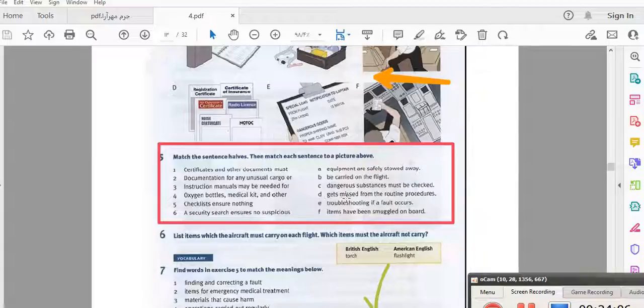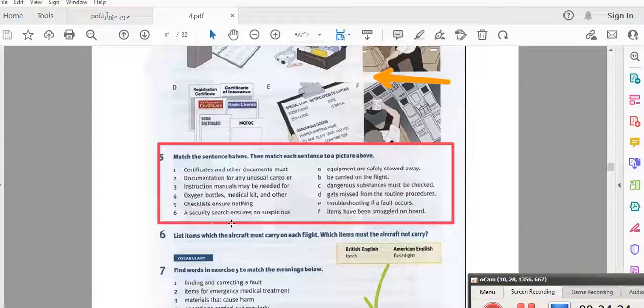You make sure that everything is in order and nothing is going to be wrong. When you check everything, nothing will be missed. Everything is in the routine procedure. If you use a checklist, everything follows the normal routine. Number 6.